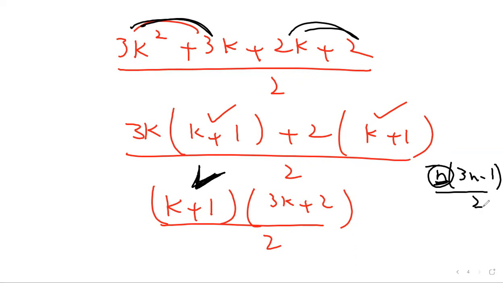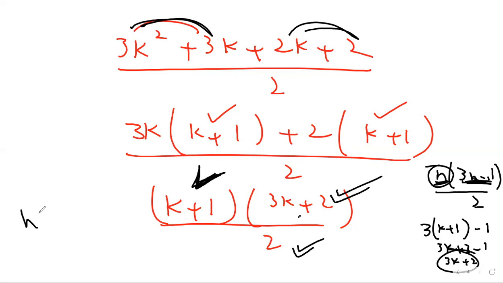Yes, it is here. 2, it will have. Now we need to check the 3n, where n will be replaced by k plus 1 minus 1. Then is it giving the same product that is here or a different one? For example, in 3n, n will be replaced by k plus 1 minus 1. 3k plus 3 minus 1, 3k plus 2, it's coming. Yes, it means that it is valid for n equal to k plus 1. Proved. Answer.